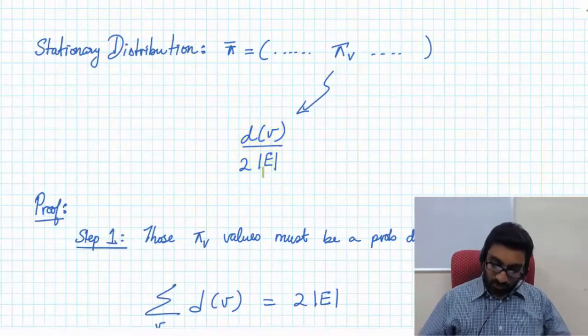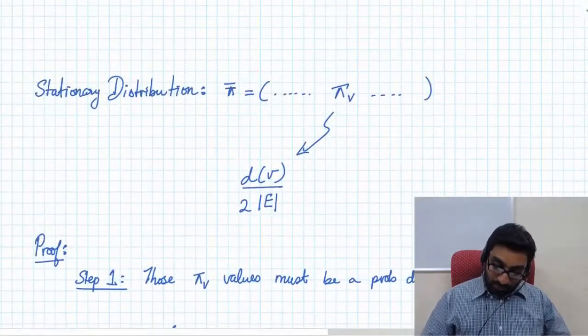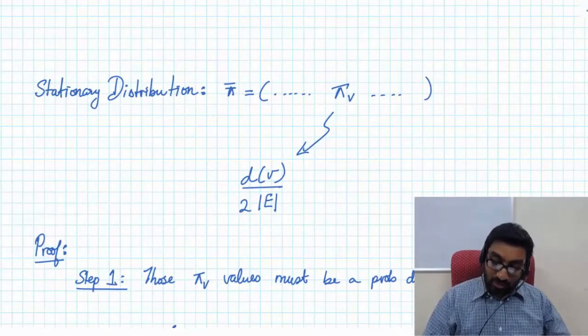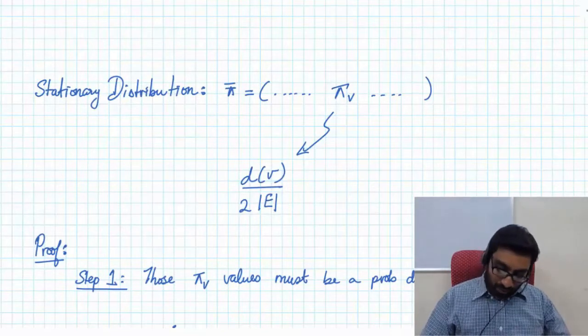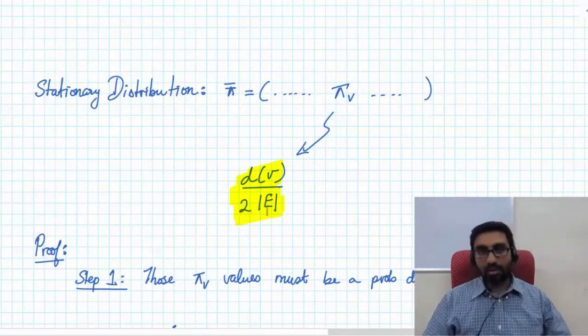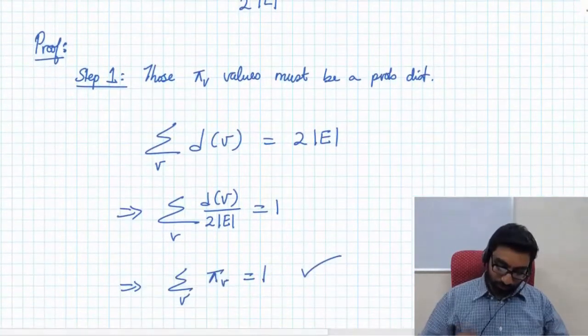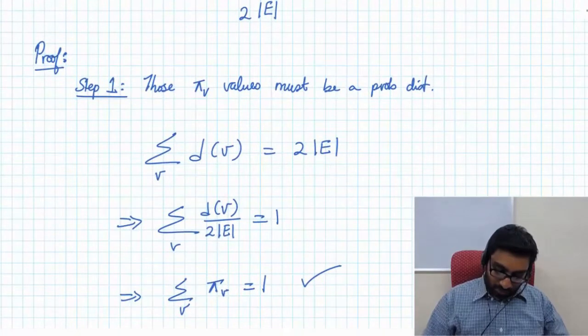Why is this? First of all, we need to show that this vector of quantities is a distribution. These quantities are going to be between 0 and 1, that's clear. What we need to show is that they add up to 1.